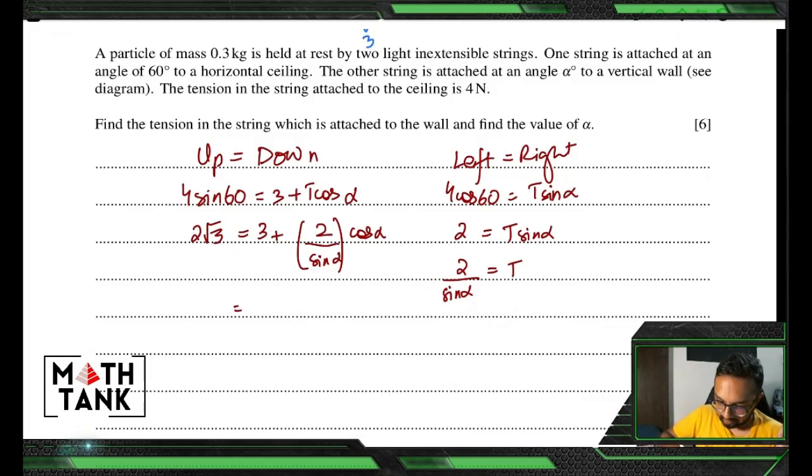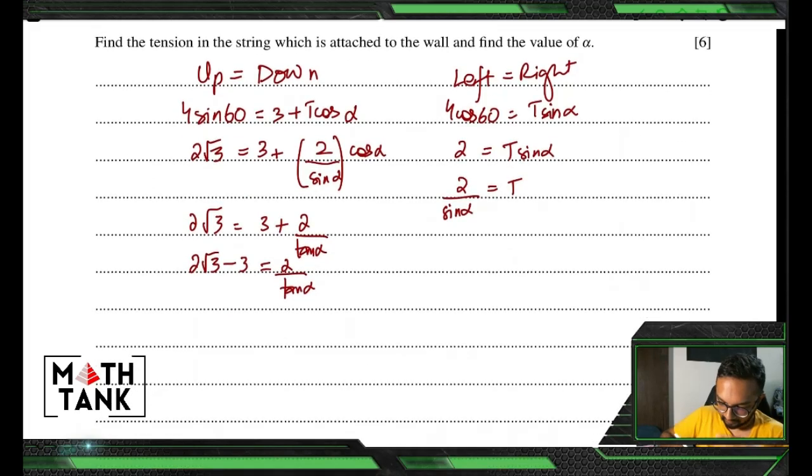And that gives me 3 plus 2 over tan alpha. 2 root 3 minus 3 equals to 2 over tan alpha. So tan alpha is 2 over 2 root 3 minus 3.